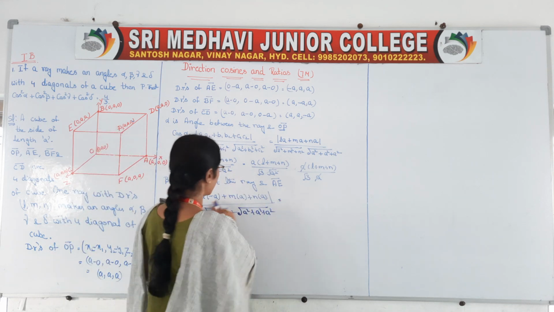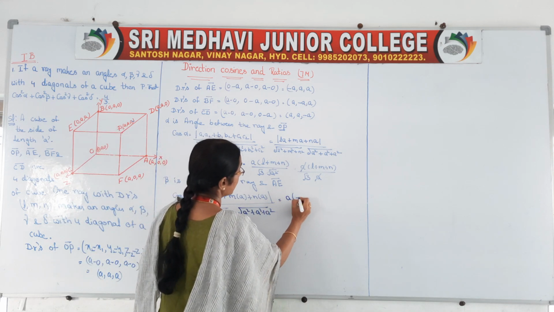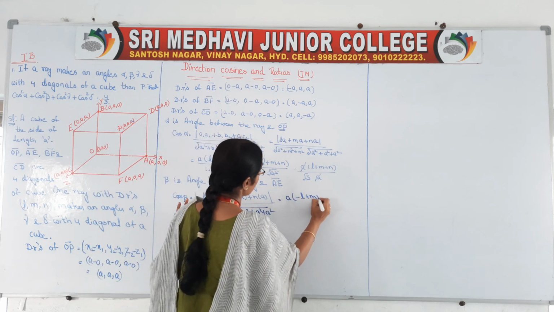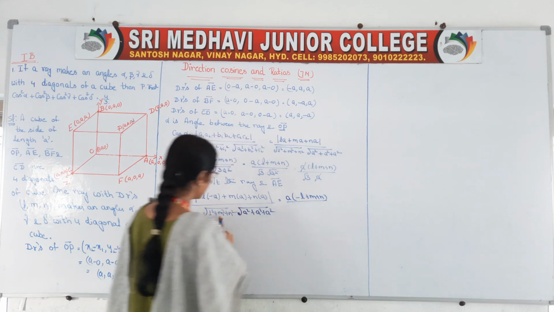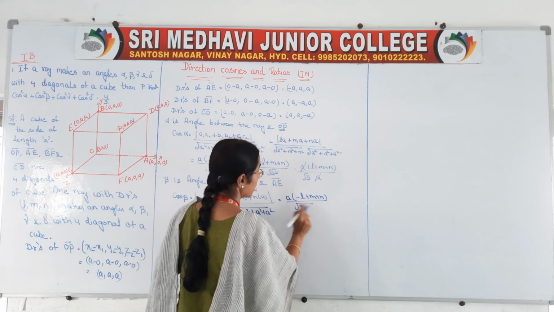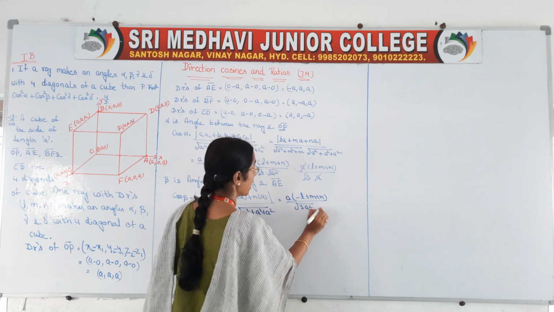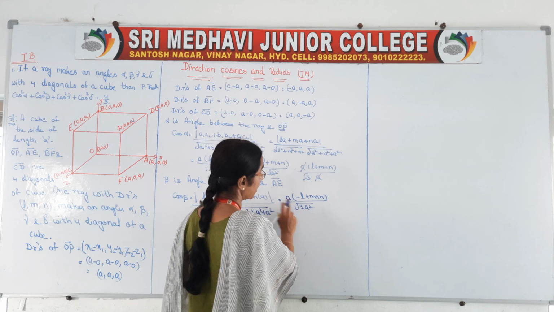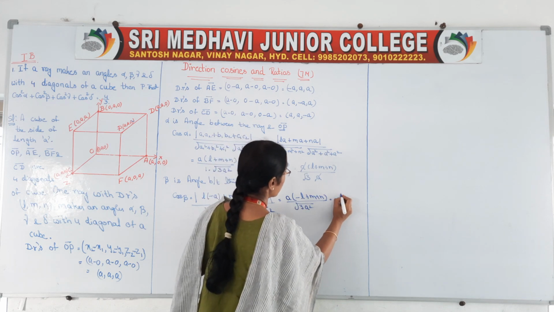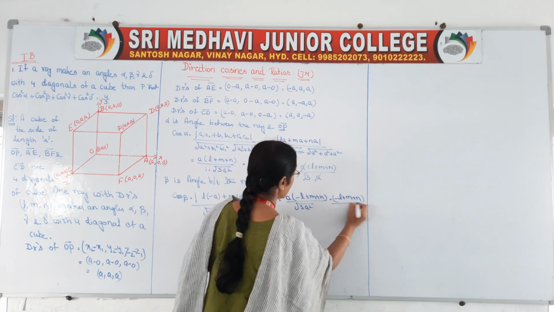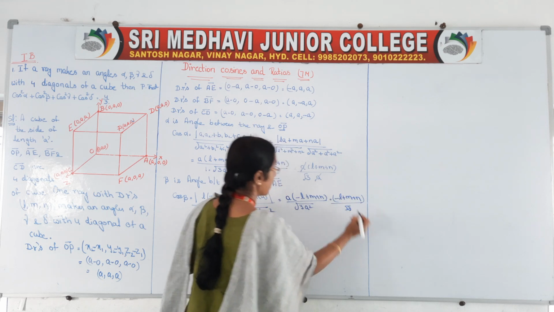We can take a common here, then inside minus l plus m plus n, by 1 already, we know that is root of 3 times a square. Same thing, a square cancels, a cancels, so you will have (minus l plus m plus n) by root 3.